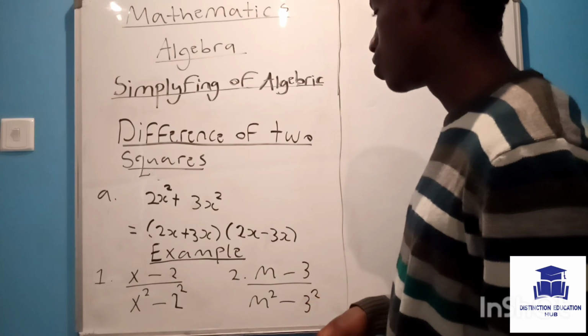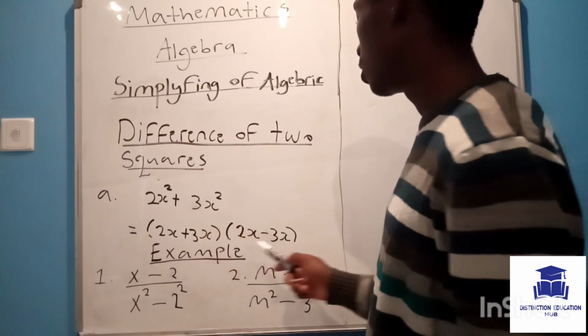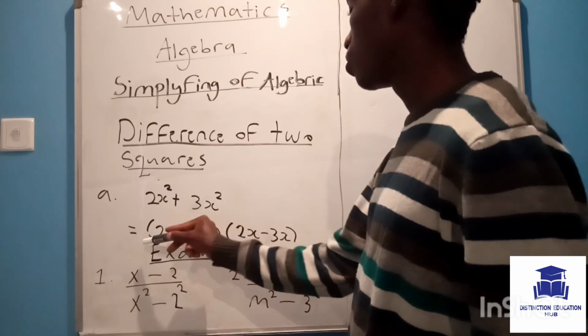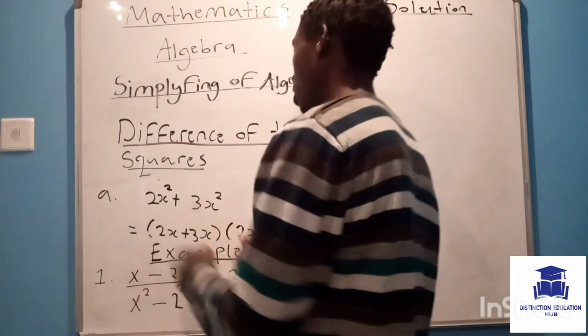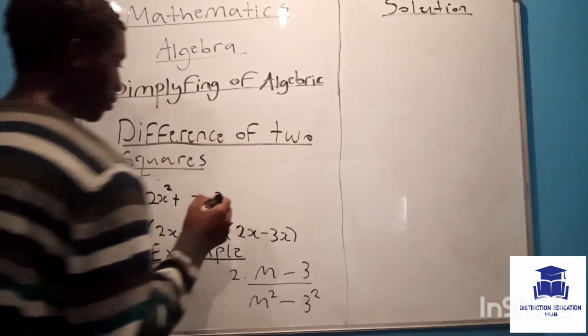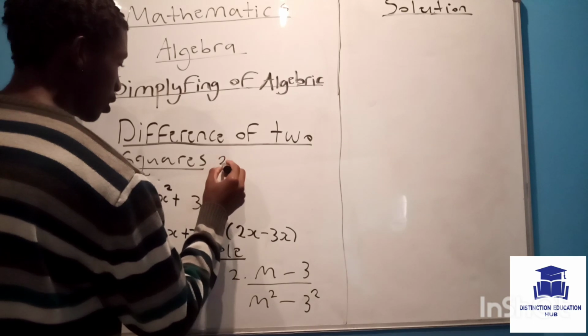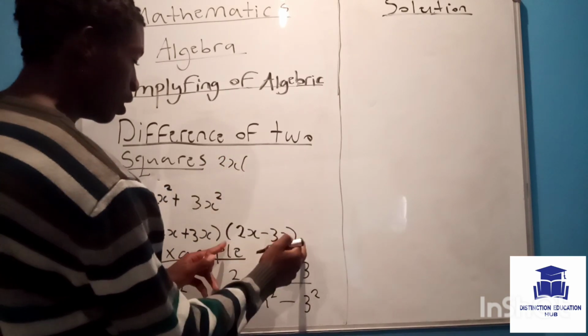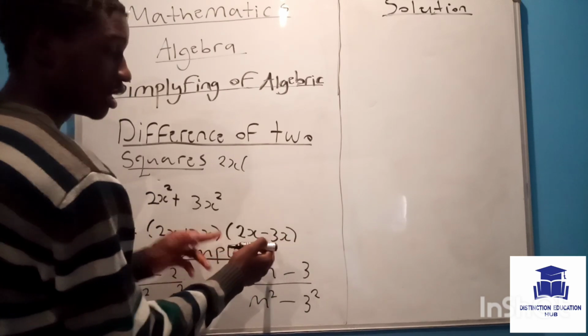You're either going to choose between the two expressions in the brackets. So we're going to choose the first expression in this bracket. Firstly, you're going to get 2x, then you get everything in the brackets in this other expression.